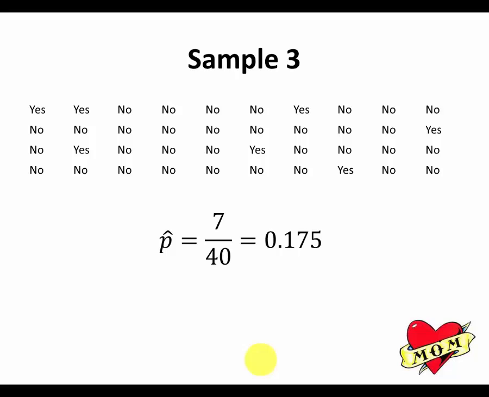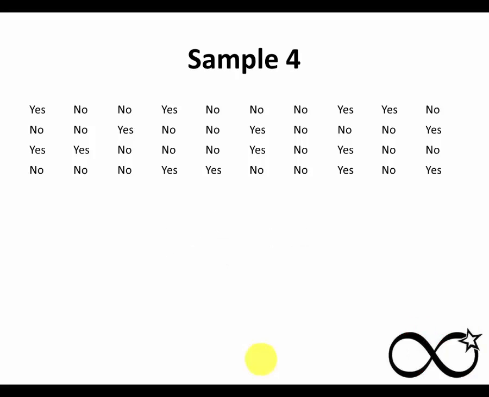We discover that 7 said yes out of 40. This gives us a sample proportion of 0.175, a little smaller than our population proportion. Sample 4, 40 CCBC students randomly selected. We discover that 15 say yes, putting us at a sample proportion of 0.375.